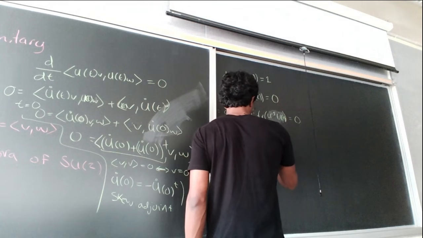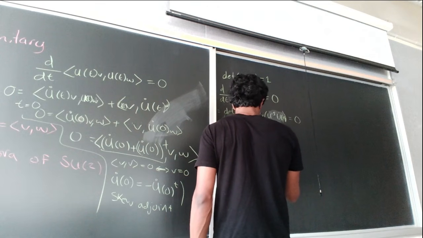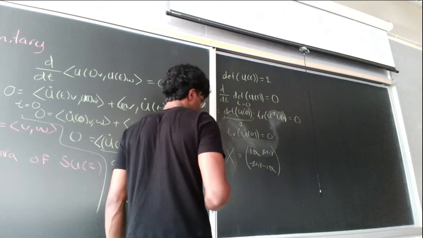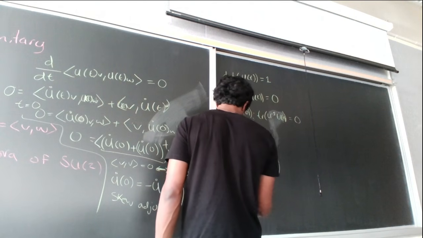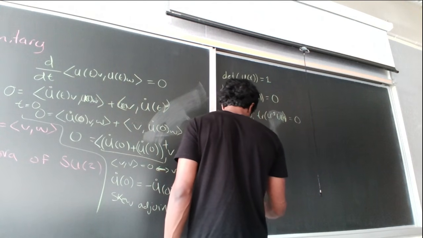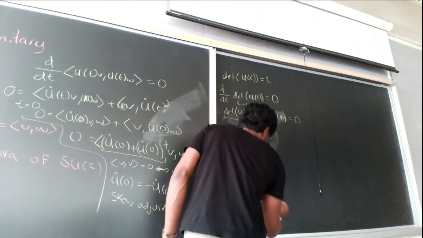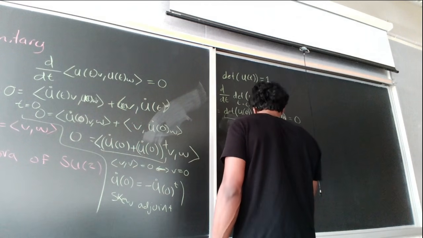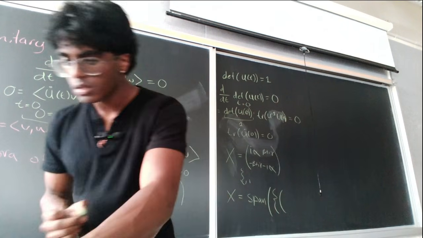Okay, and then this will look like i lambda. And then with a little bit of extra steps, factor out an i. You can get that X is going to be in the span of, wait, I've got to remember these.